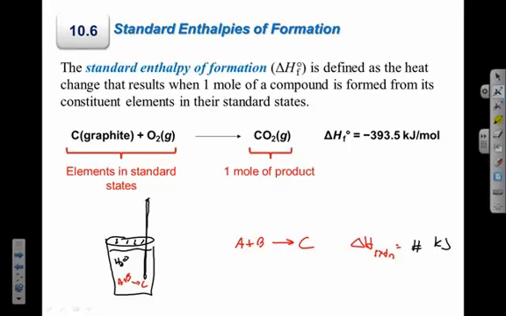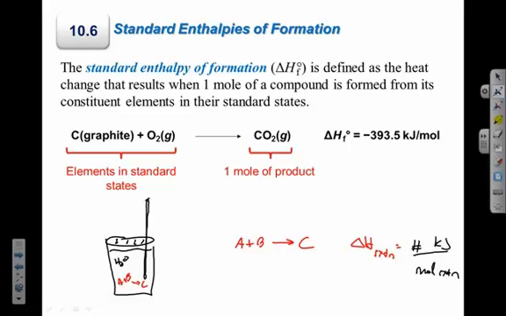If it was the bomb calorimeter, then I know the heat capacity of the bomb calorimeter, which is the relationship between how much the temperature changes in the bomb calorimeter and how much energy was exchanged with it. So I would use those relationships between the temperature change observed experimentally and the heat exchange to get the amount of heat exchanged between the reaction and the surroundings. And then I would divide that by the moles of reaction.